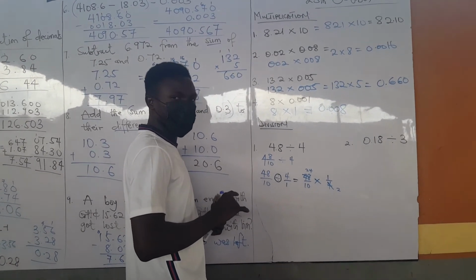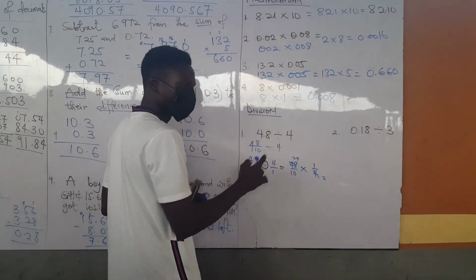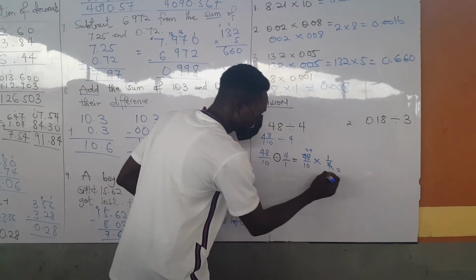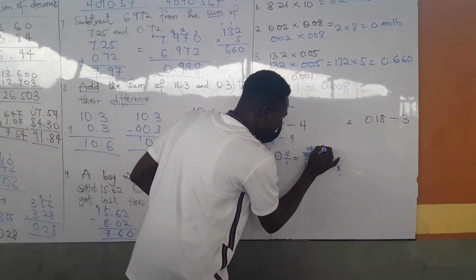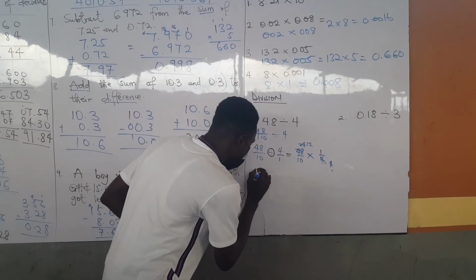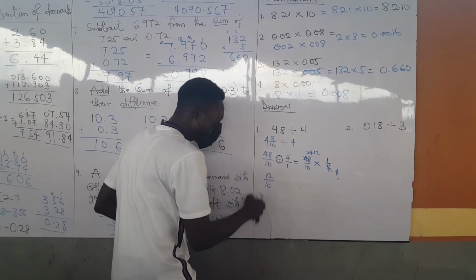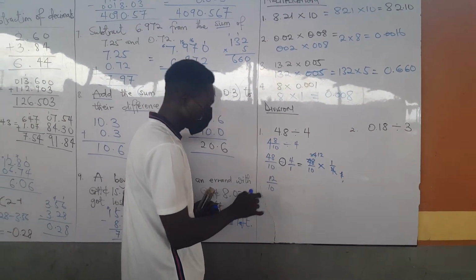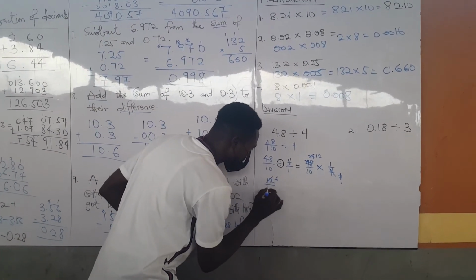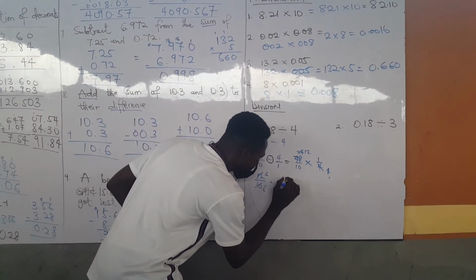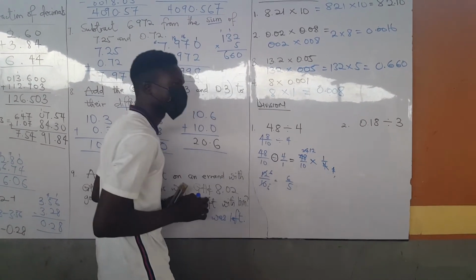Again, I can simplify because 2 can go into 24. So 2 here 1, 2 here 12. Now I have here 12/10. Again, I can simplify this one. So 2 here 6, 2 here 5, which will give me 6/5.